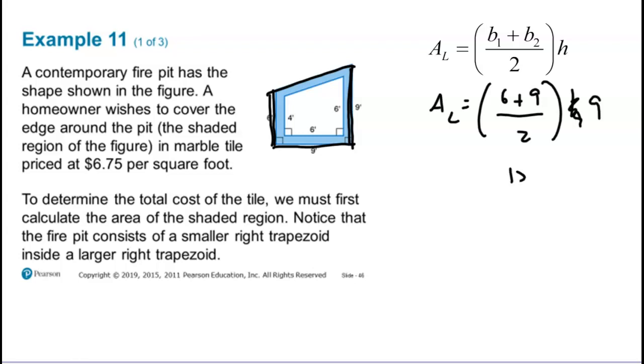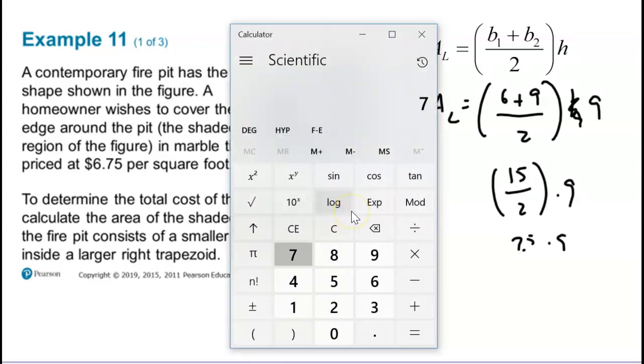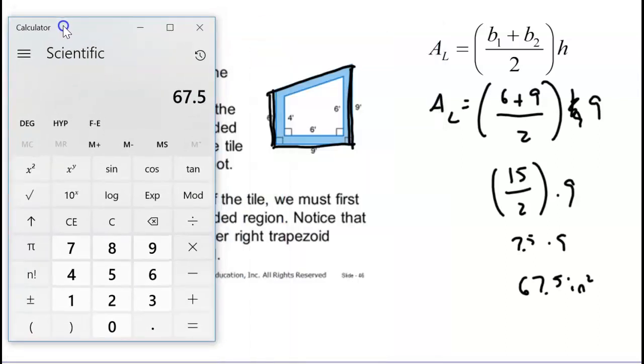And this is 15 over 2 times 9, so 7.5 times 9, and that's 67.5, and that's in inches squared, and that is for our larger polygon. So this is A sub L.